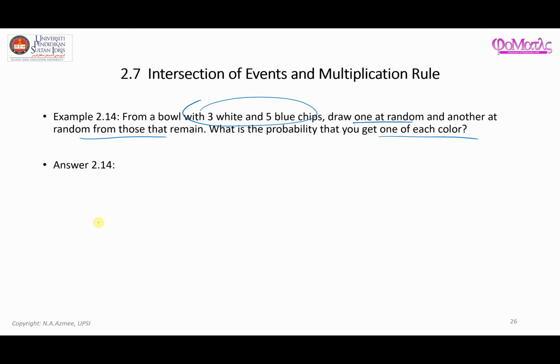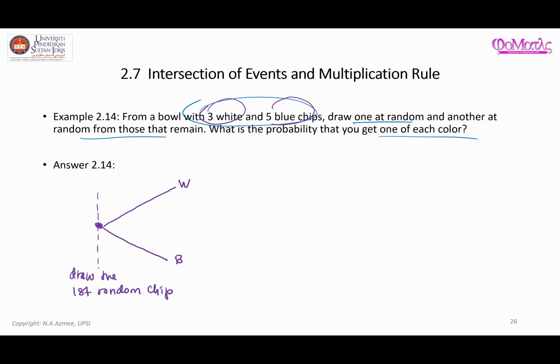So here will be the first stage where you're going to define the process as draw the first random chip. So you can imagine a bowl with white and blue chips. Therefore, when you draw the chip at random, you may get either a white chip or a blue chip. You imagine that process in your head.